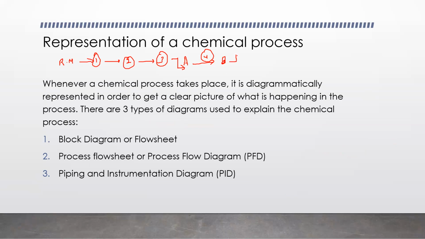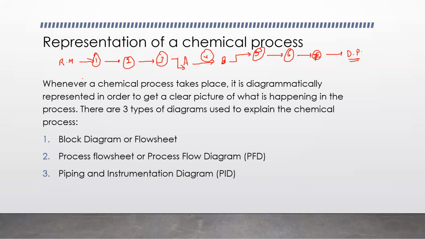And then on this B, I'm performing another unit operation 5, unit operation 6, unit operation 7 to finally get my desired or finished product. All right, so I'm doing all these steps, right?